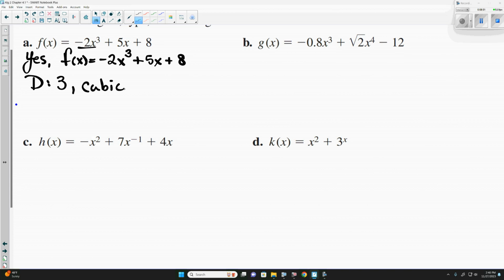The degree is the variable with the biggest exponent, so our x cubed means the degree is 3. Since the degree is 3, it is a cubic. So that's the type. And lastly, leading coefficient. The leading coefficient is the number in front of the variable with the biggest exponent. Negative 2. And that's it.